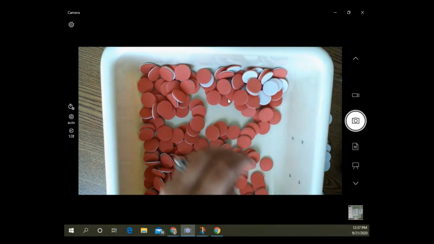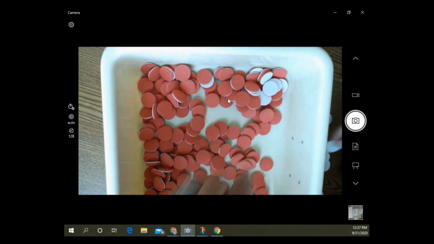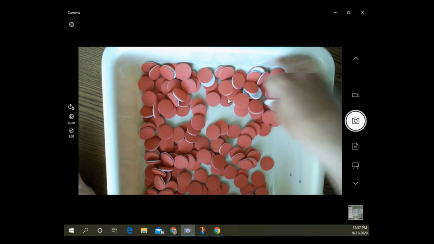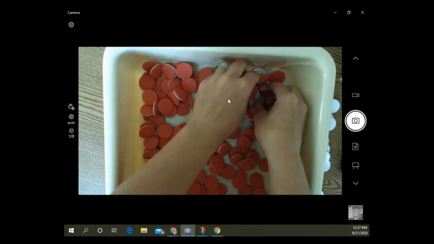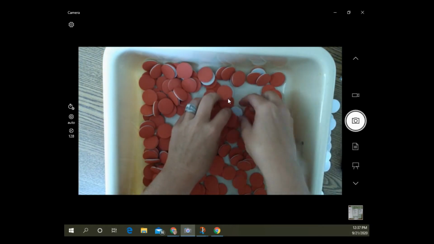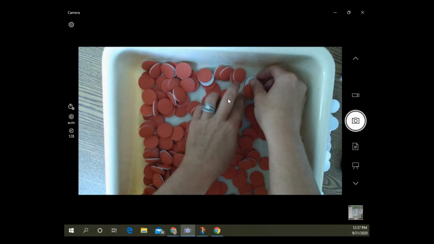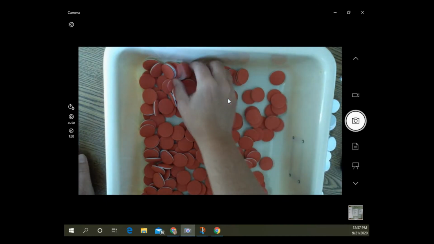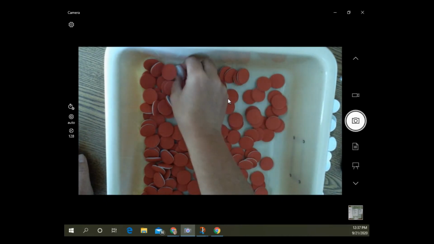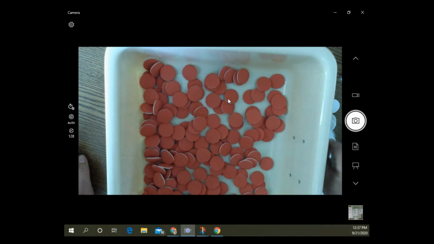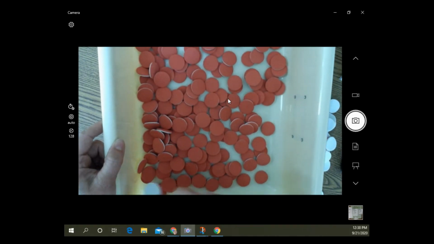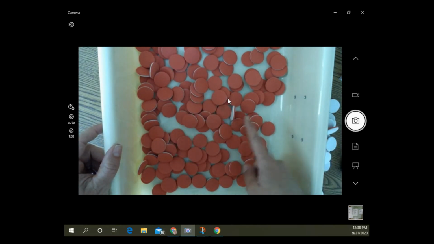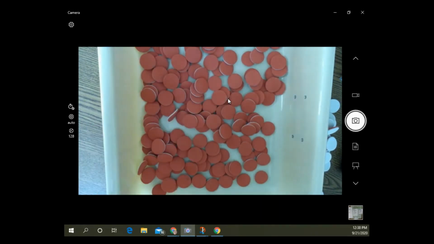Here's one back here, 18, 19, 20, 21, 22, 23, 24, 25, 26, 27, 28, 29, 30, 31. Oh, here's one over here, 32, 33, 34, 35. There's one back here, 36, 37, 38. I don't think that one counts because I just turned it over. Okay, so we have 38 that we just removed.